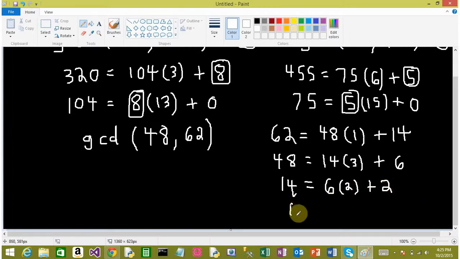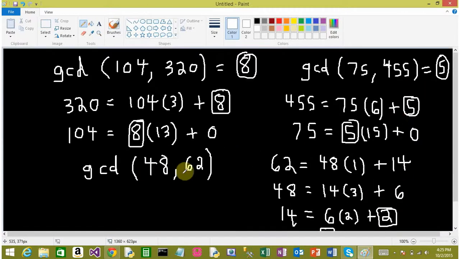And then we have 6 equals 2 times 3, plus 0. So we can stop right there with 0 remainder, and it looks like these numbers with 2 match up. So our GCD of 48 and 62 is going to be 2.